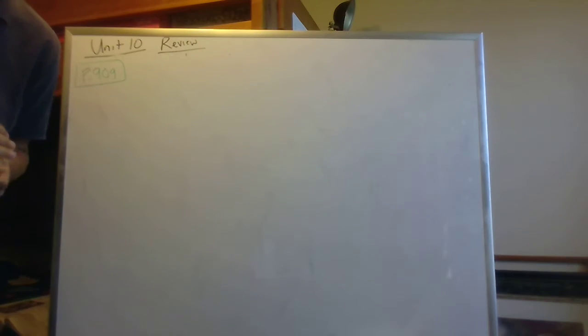All right, I want to see if you can see that. It looks like you can. So page 909 has some key information about changing coordinates depending on if it's a 90-degree rotation, 180, or 270. So I'm going to do number 29 right now.